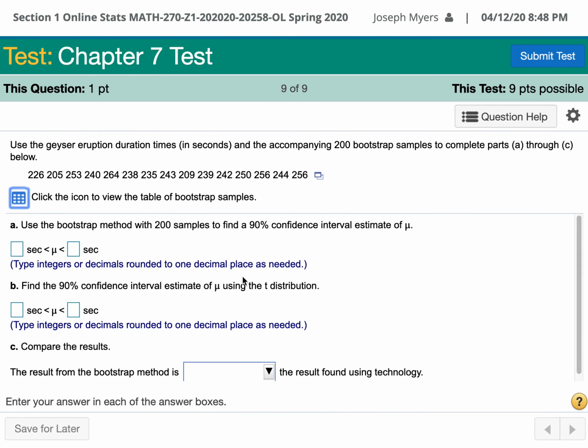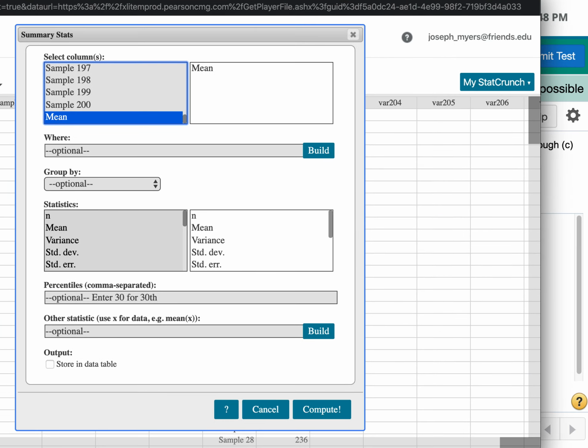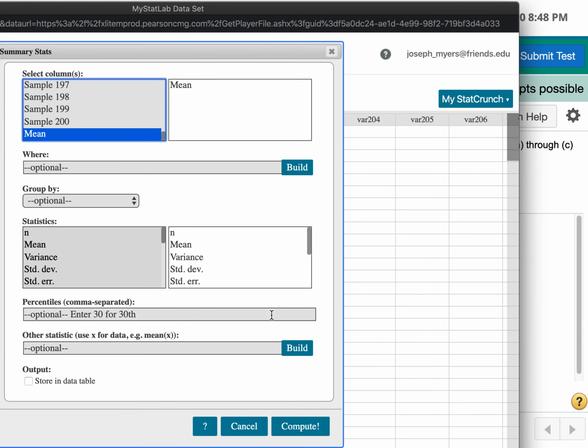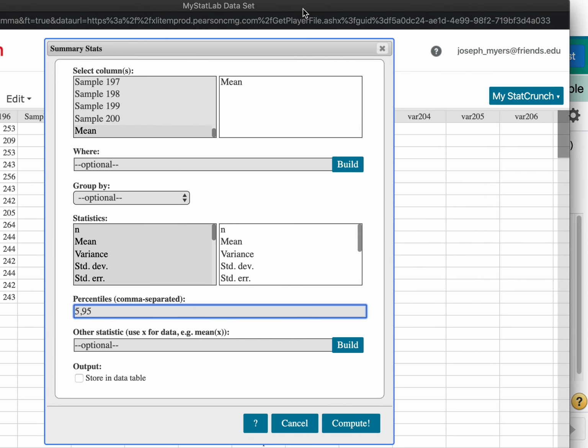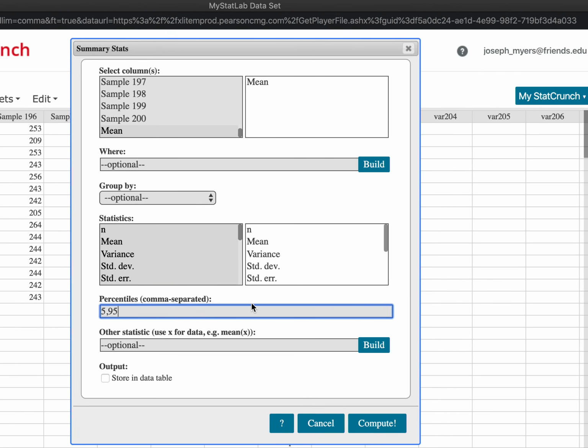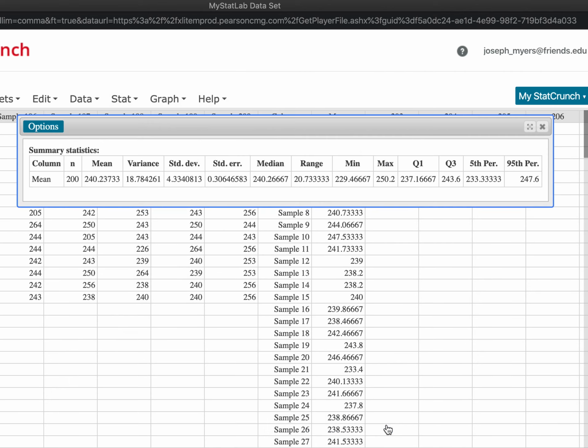It wanted us to find a 90% confidence interval of the mean of the sample. So the 90% confidence interval is the one that goes from the 5th percentile to the 95th percentile. So you're just going to type 5, 95 into this box, 5, 95, then click Compute.